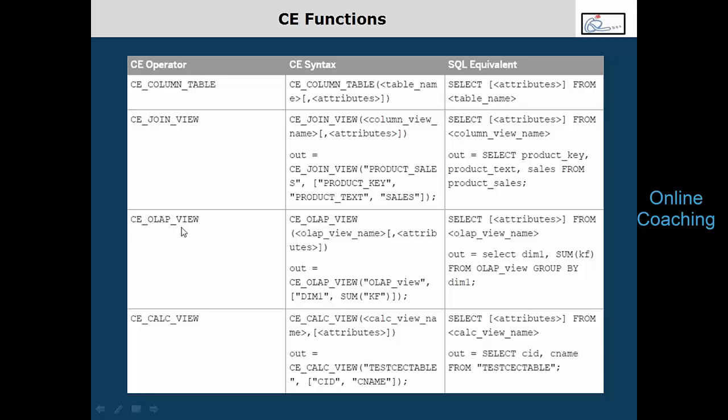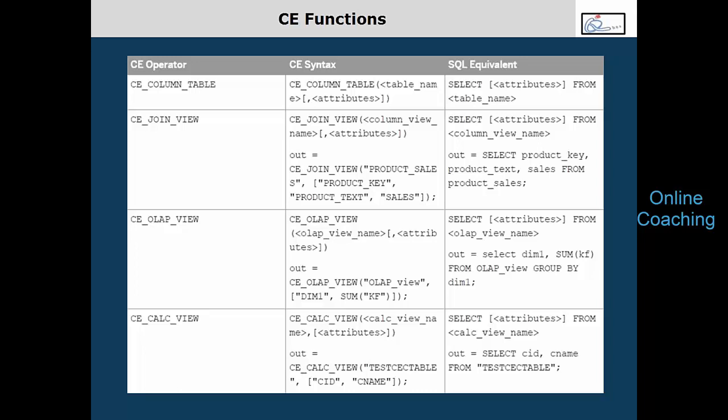Okay. Next, CE_CALC_VIEW. Calc is the calculation engine. So the calculation engine is used for calculation views. So same now, when you want to read data from the column view, or the runtime object of the _SYS_BIC schema, which was generated from the activation of a calculation view, we use this operator CE_CALC_VIEW.